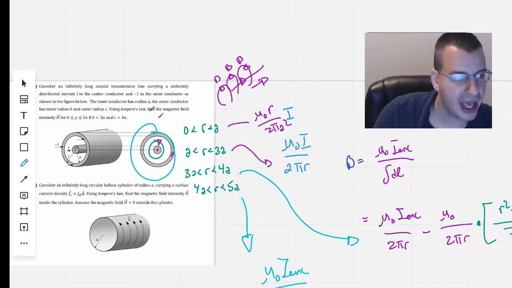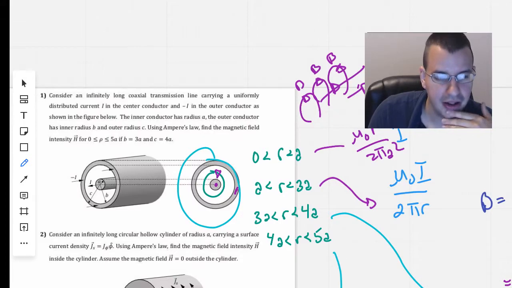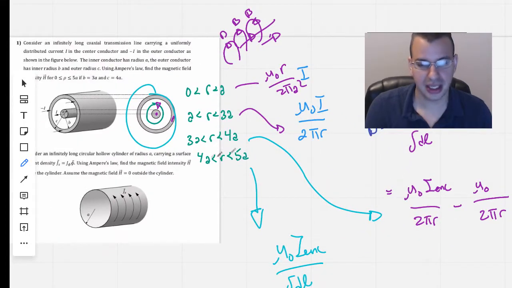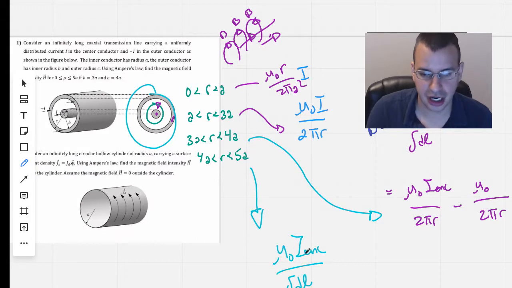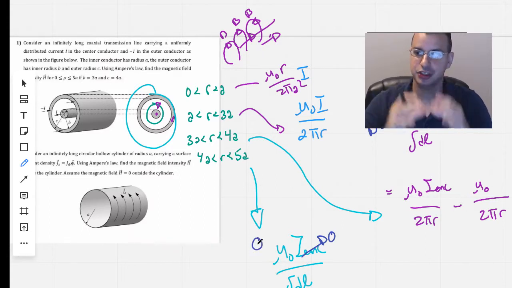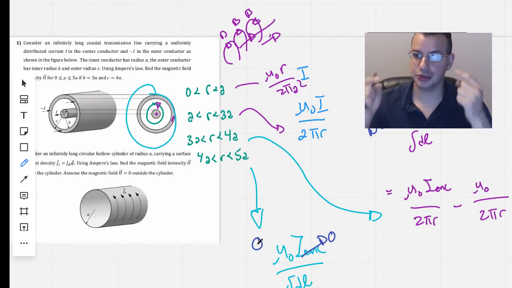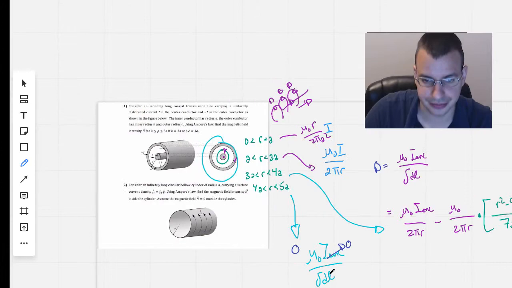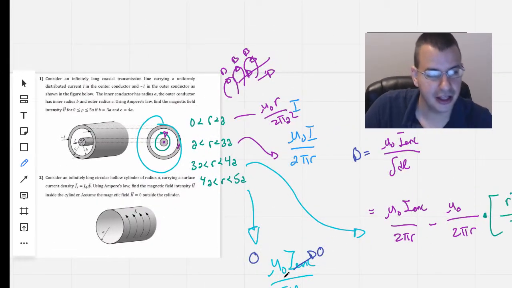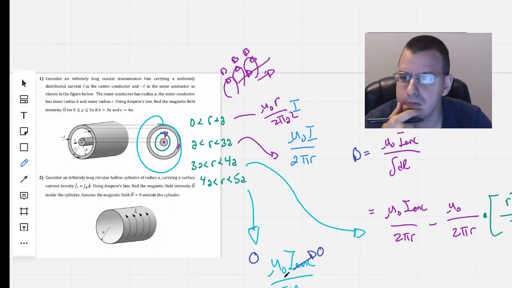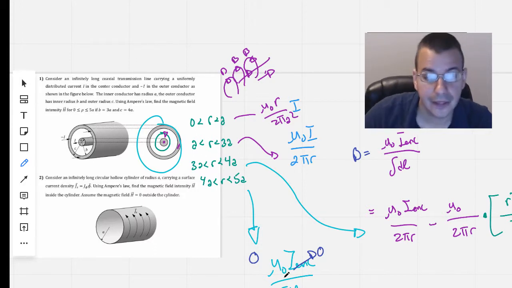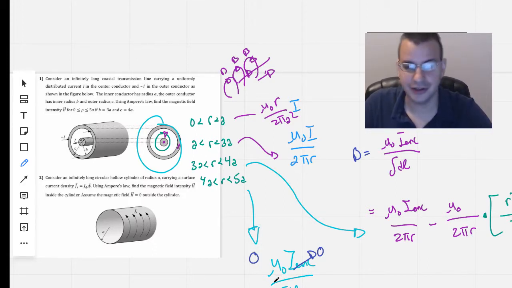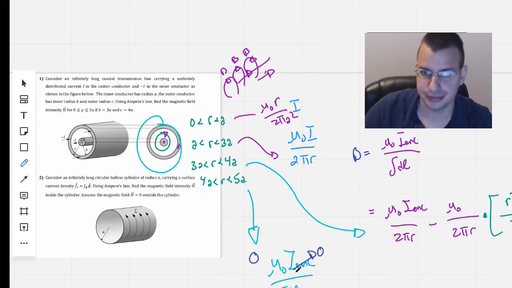Well, we know that we have a positive I and a negative I, and so when we add those currents together, we get 0. That gives us an entire current enclosed of 0. Therefore, the magnetic field outside of this coaxial cable will be 0. And that's because we have these competing currents going in opposite directions. So that's where we get the magnetic fields throughout this coaxial cable.